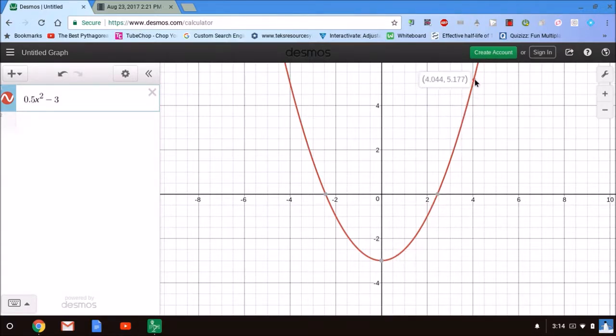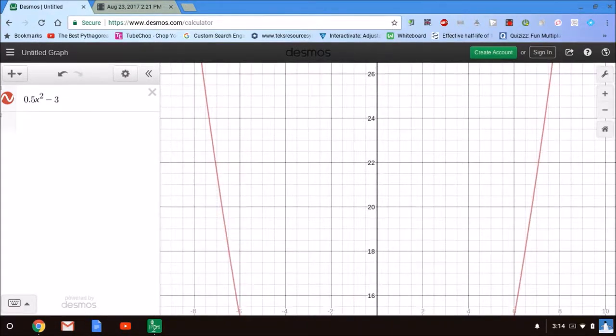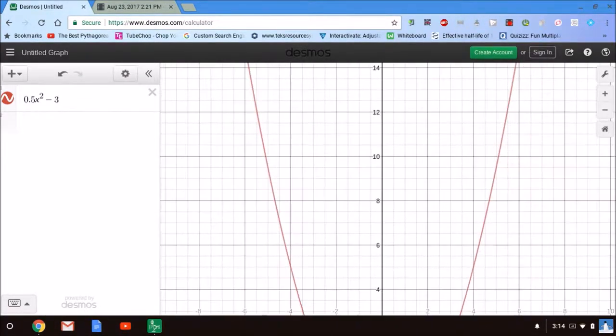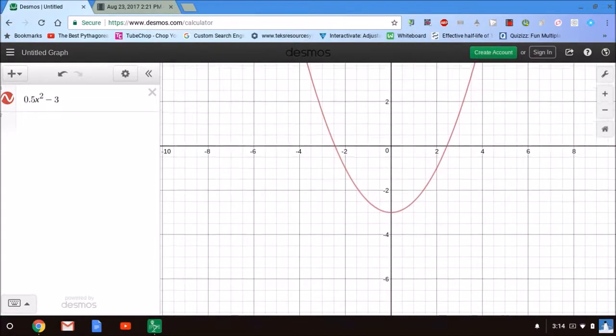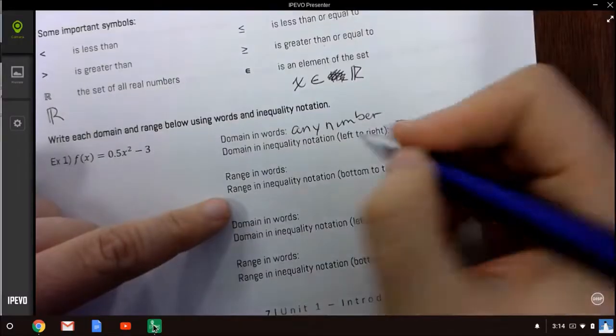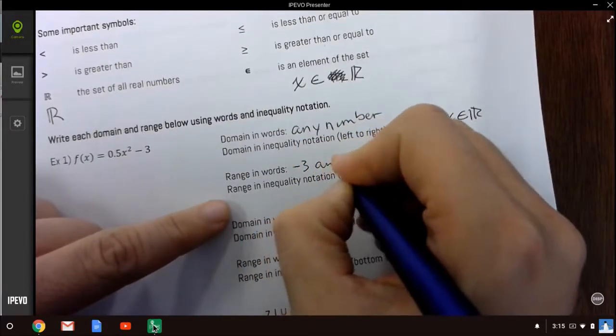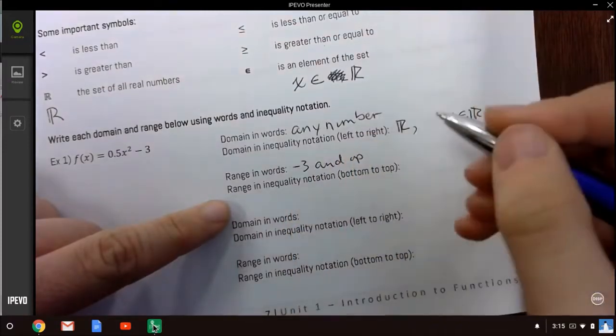How big can my y values be? So bottom to top. Does this graph have a top or does it keep going? That's right, it keeps going. This graph goes on forever, it keeps going up. So my range is basically -3 and up, actually exactly the same as it was before.